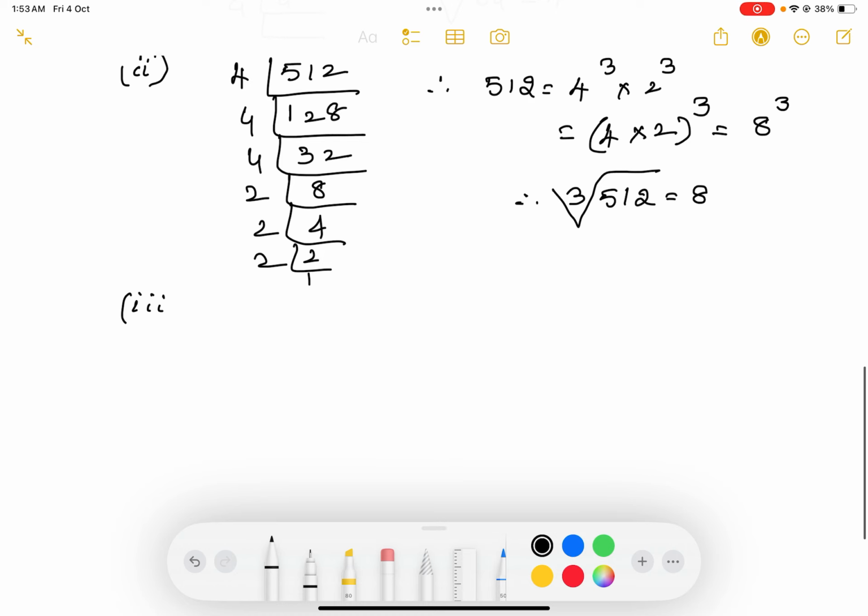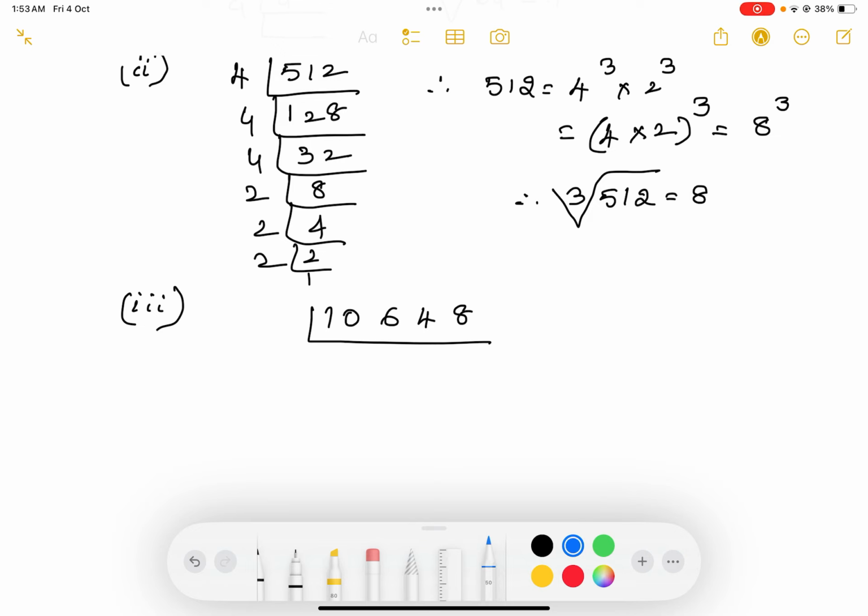Let us now go to the third question, 10648. In my last lecture I told you about the divisibility rules, right? If the last two digits are divisible by 4, the whole number is divisible by 4. That is the divisibility rule for 4.